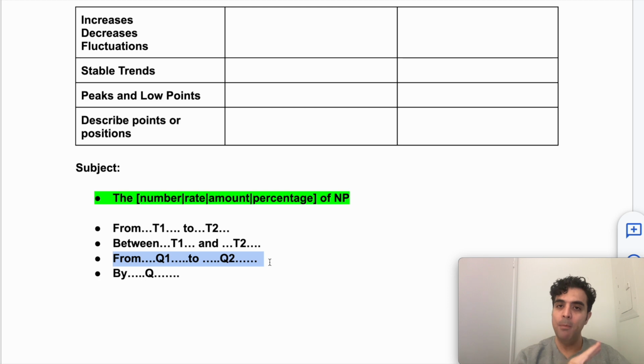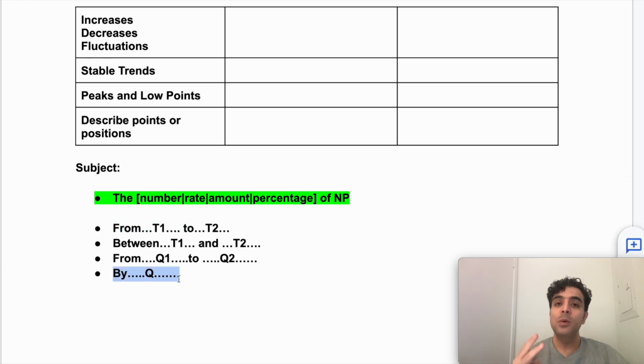So from 2,000, that's the starting point. 5,000, that's the end point. So if it increases from 2,000 to 5,000, how much did it increase by? Well, 5,000 minus 2,000, 3,000. So another way you could express the same idea is you could say the number of students increased from January to March by 3,000 students.